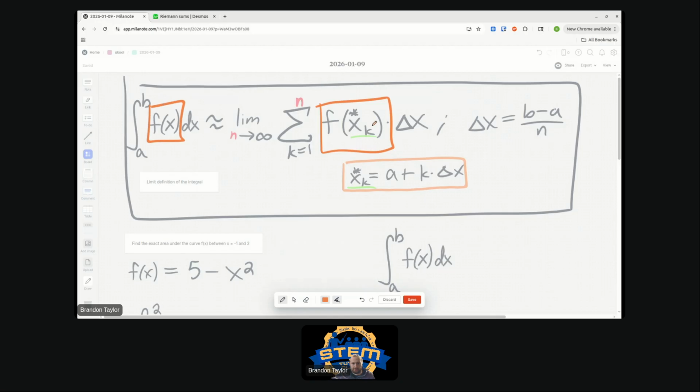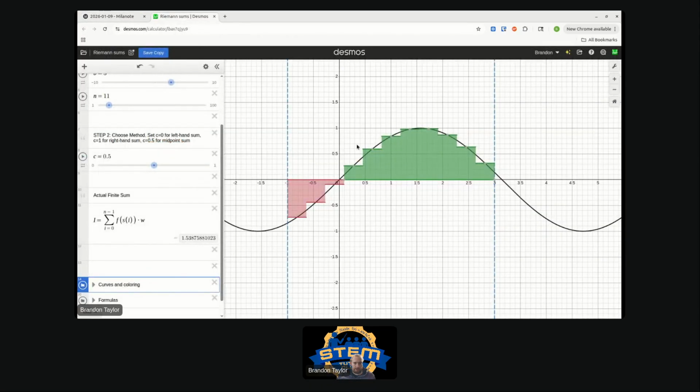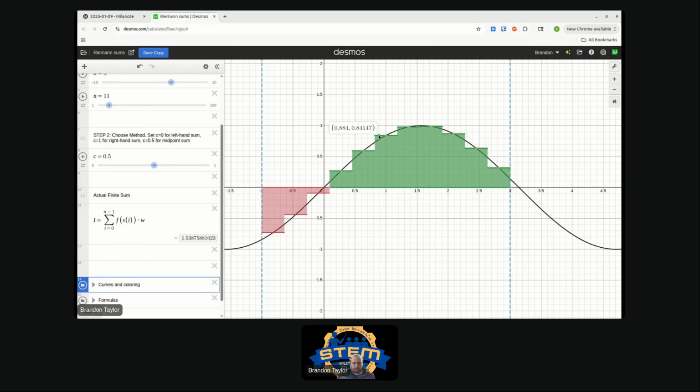So instead of choosing the function at a sample point, we choose the function at a specific point. Remember, the whole point of a sample point is you can choose any x value you want within a partition and plug it into the function. According to the official definition of the integral, you can do that.